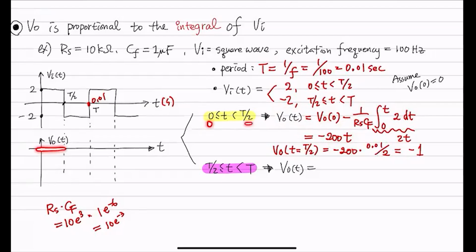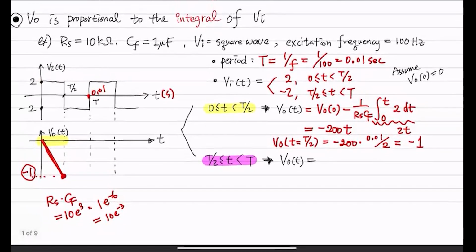So within this range of time, your output is going to look like negative 200t. So it's negative 200t going down like that. And the value at this point, which is time equals t over 2, is going to be negative 1. We just got that here.